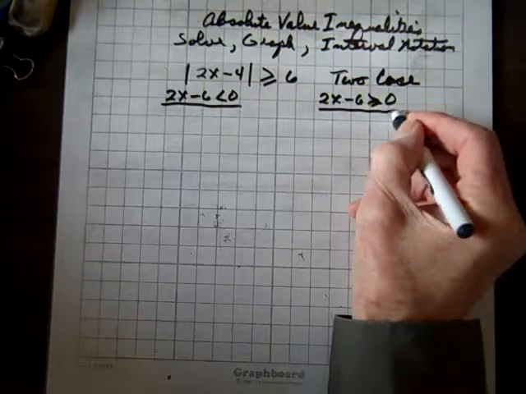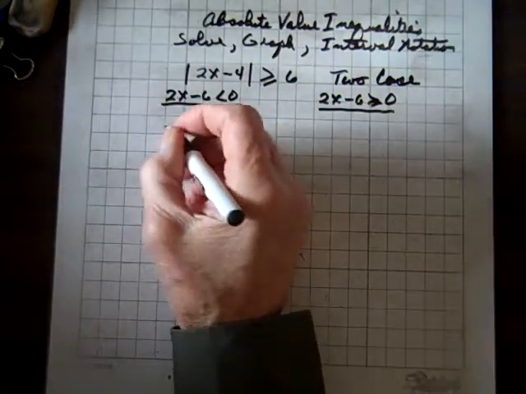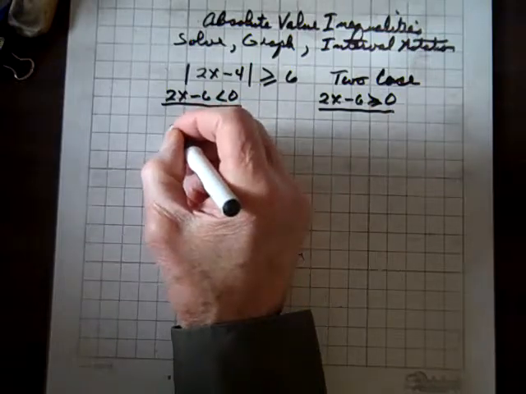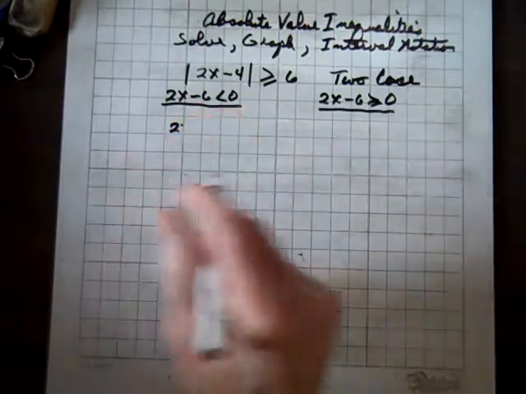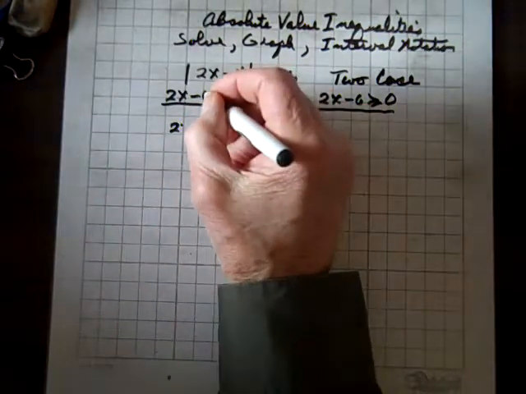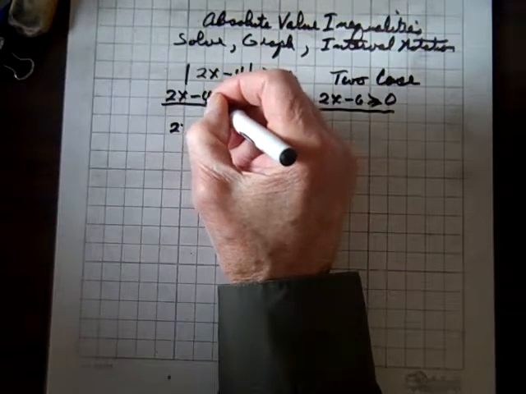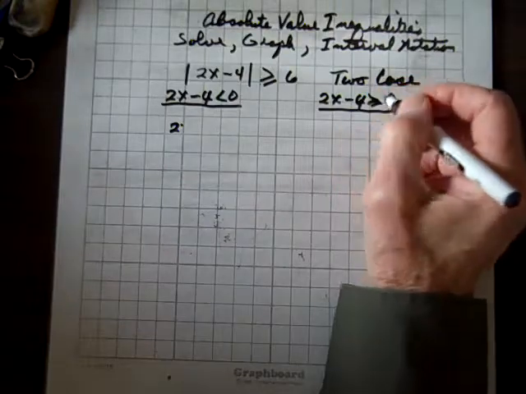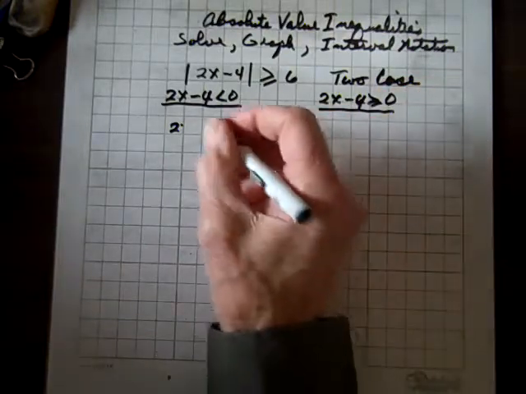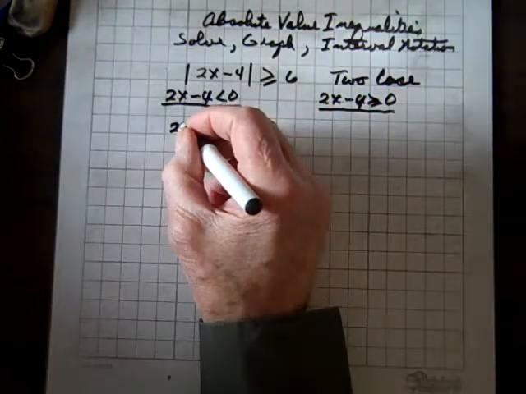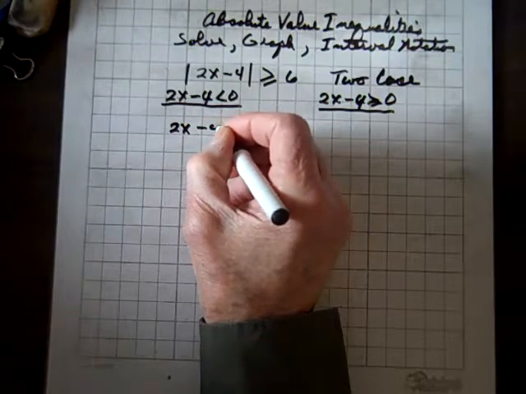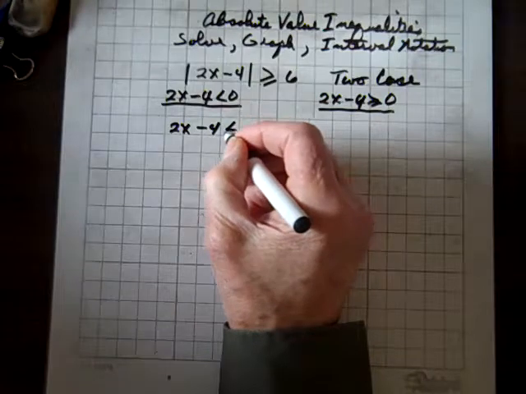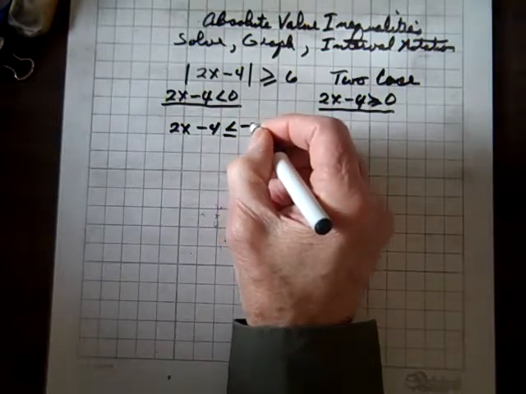There we go. If this is the case, then our goal again is to dispense with the absolute value bars. We can write 2x, and I'm sorry, that should be a -4, not a -6, -4. There, 2x minus 4 is less than or equal to -6.